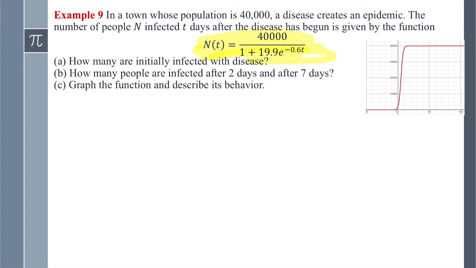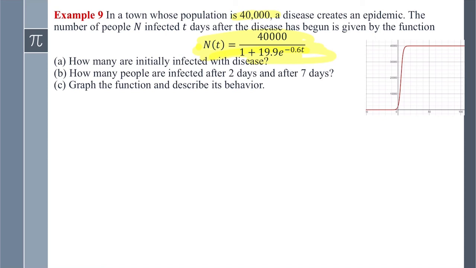We have a total population of 40,000. Some people are infected, and the disease is spreading very quickly, just like the coronavirus pandemic.